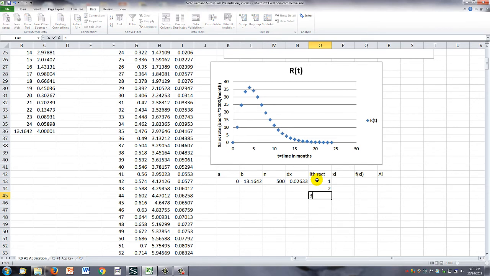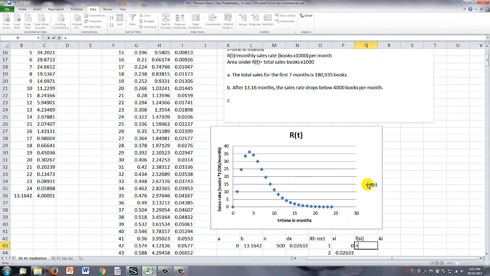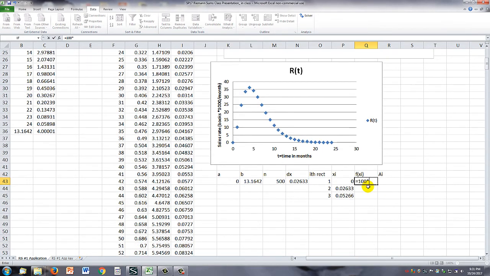1, 2, 3. Xi is a, and the second x coordinate is above it plus dx. Hit F4, drag this down, type in this function one more time. So equals 100 times t squared times exp parentheses -1 times t divided by 2 divided by 6.